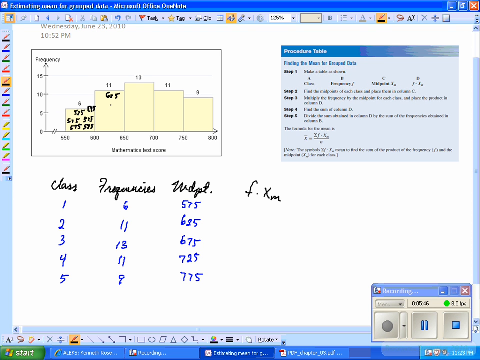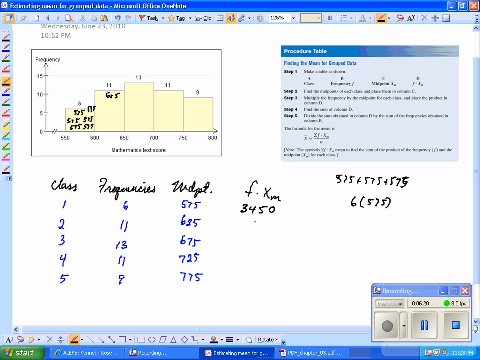Now, rather than put a list with 6 575s, 11 625s, 13 675s, 11 725s, and 9 775s, which isn't even easy to say, I'm just going to multiply. Because if I have 575 plus 575 plus 575 6 times, then don't I have 6 times 575? Well, that's this column here. Okay, so 6 times 575 is 3,450.